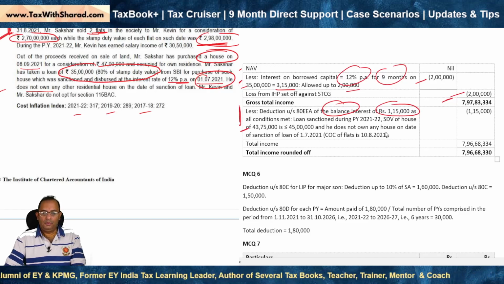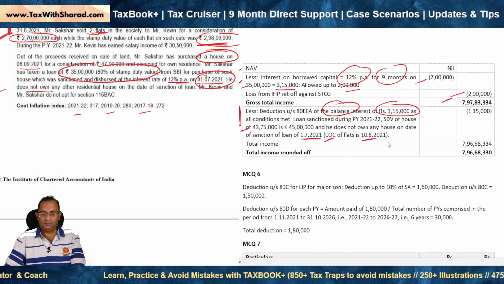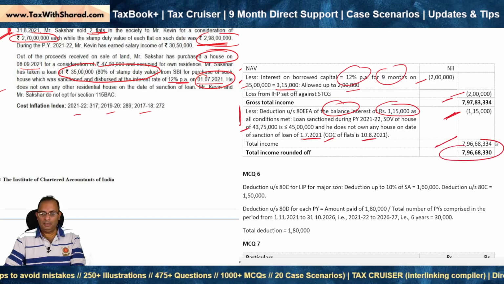And he does not own any house on the date of sanction of loan of 1st July 2021, because this is given in the question also, and also because the two flats that he received, the certificate of completion was obtained only on 10th of August. So in any case, this condition is satisfied. So 1,15,000 is something that you can claim as deduction under 80EEA, and consequently this is the total income, and this is what comes as the total income rounded off.